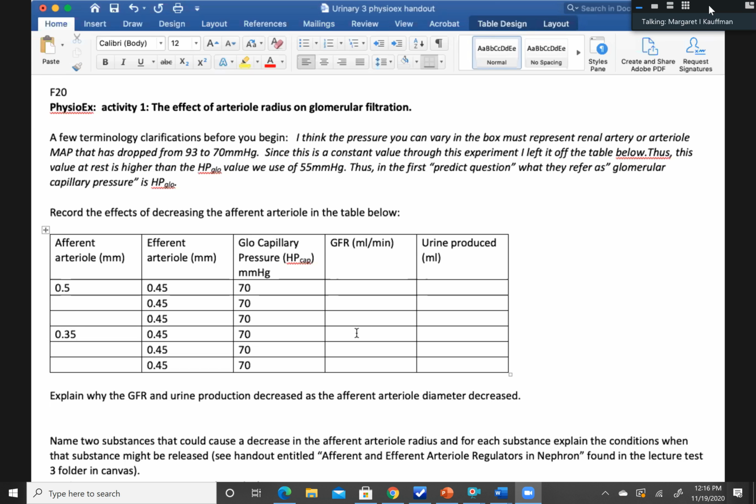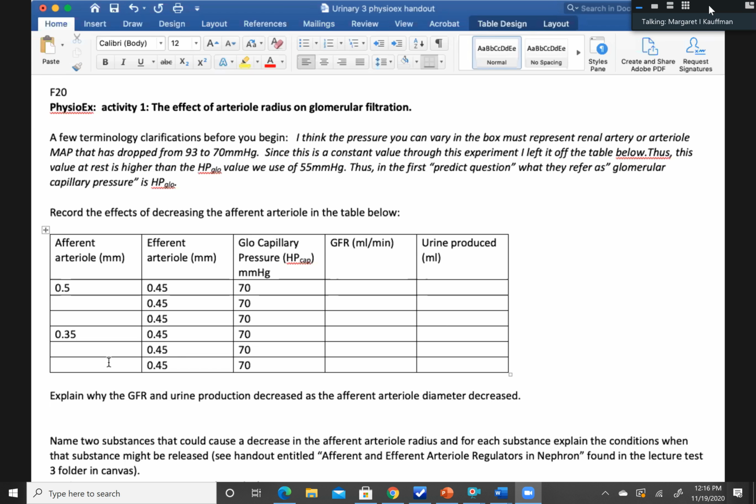It actually goes to 0 at 0.35. And also the amount of urine produced. So it's vasoconstricted down to the point where glomerular filtration is so slow that if you looked at how many milliliters per minute, it would be basically none. I don't know how realistic that is, but that's what this model is giving us.